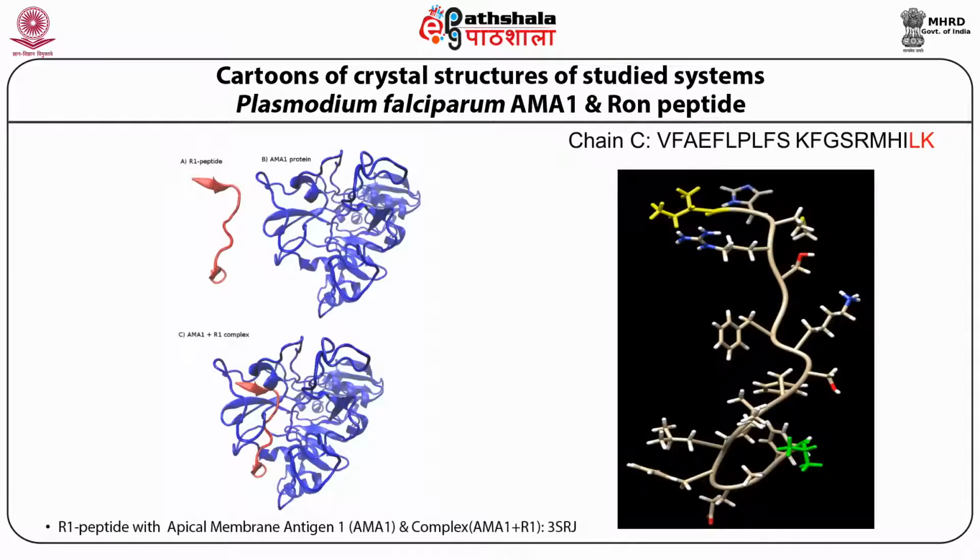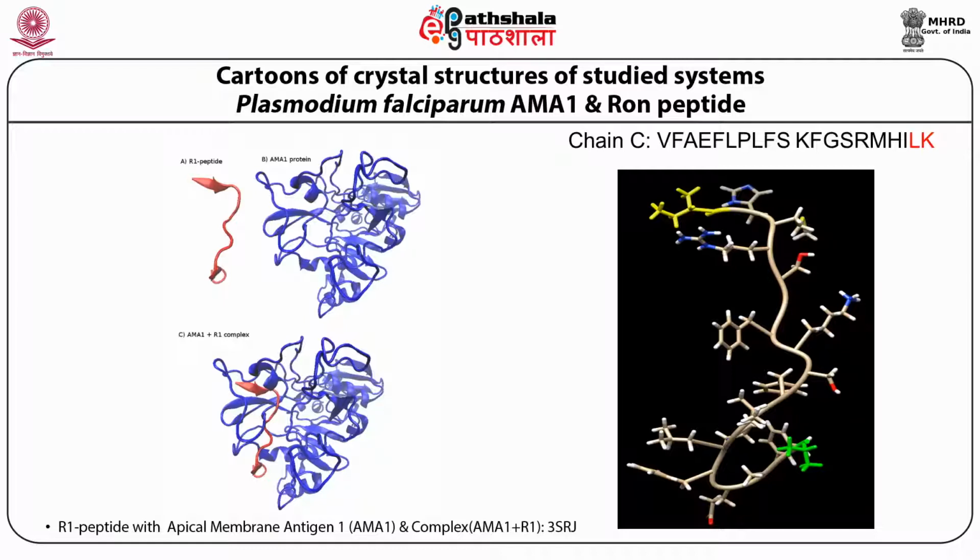Here I show you a small peptide of almost 20 residues, whose sequence is written here in red color, and which binds to Plasmodium falciparum AMA1. AMA1 is an apical membrane antigen, and how the peptide interacts is biologically highly important.